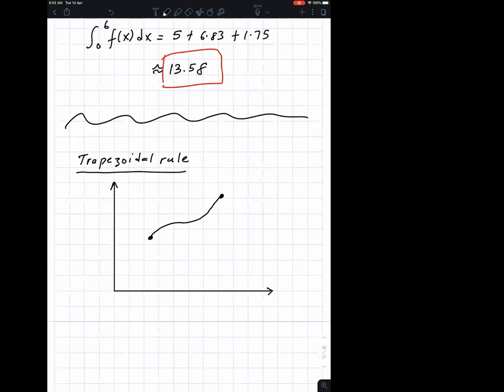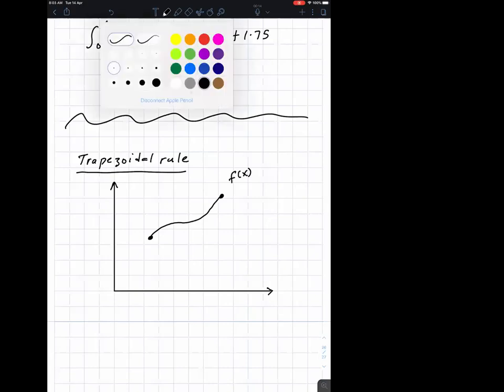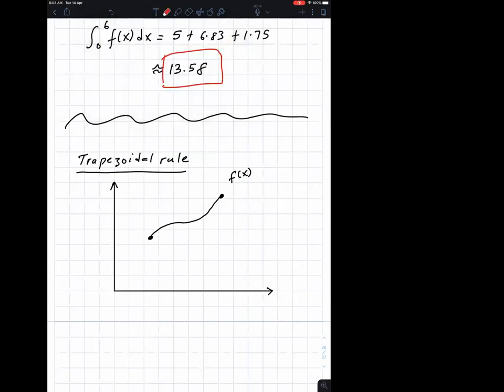Okay, you have a piece of line here called this f(x). You're trying to find the area under this curve using the trapezoidal rule. Let's say I'm trying to approximate the area under this curve.